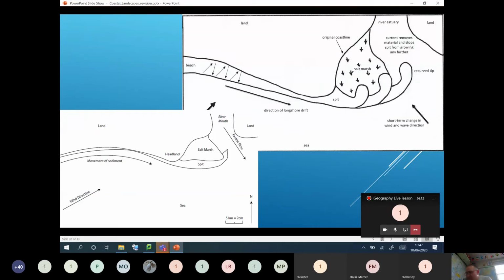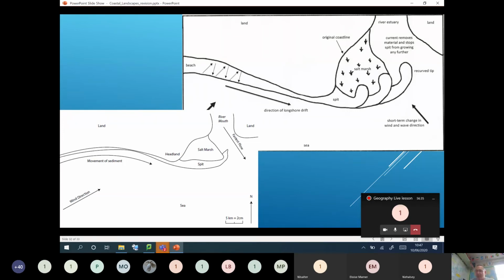Wind directions change. Excellent, Karen. So the wind direction changes. The usual direction is one way, but the wind changes direction and it causes a recurved tip. So in your explanation box, you're saying what a recurved tip is.